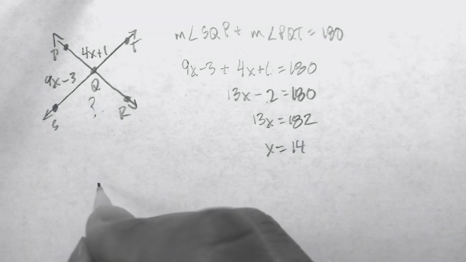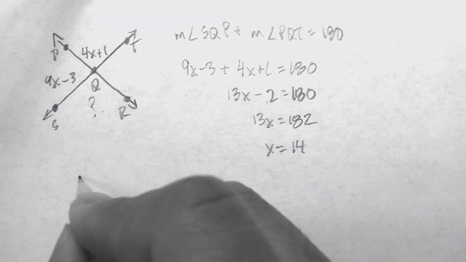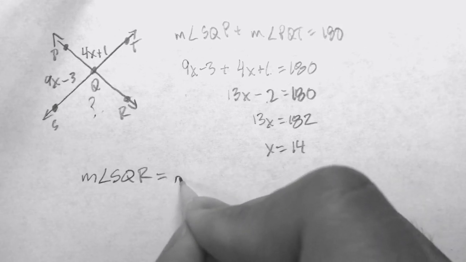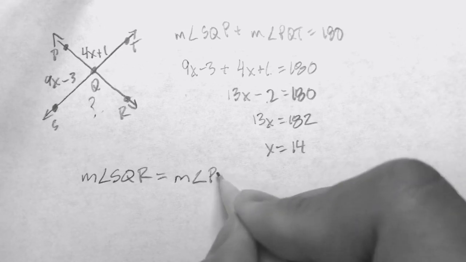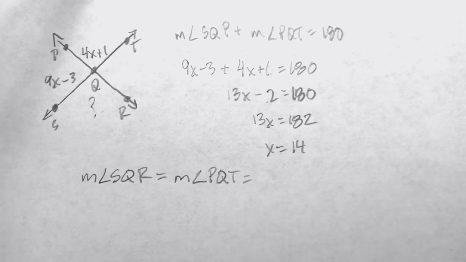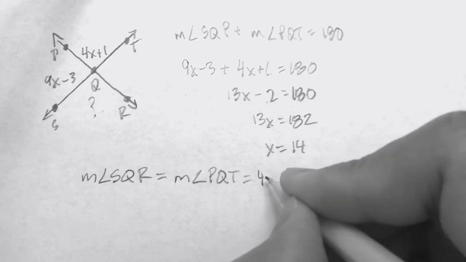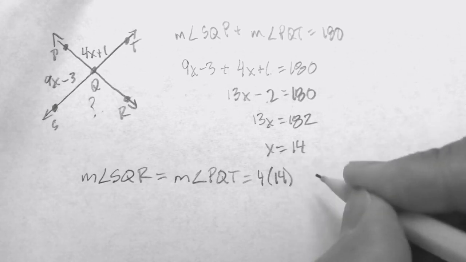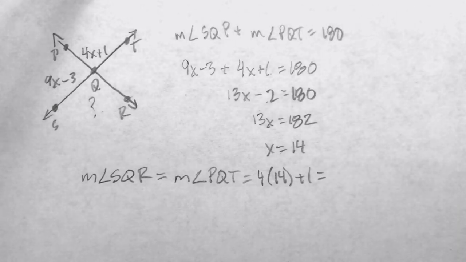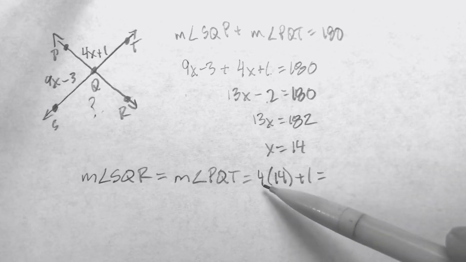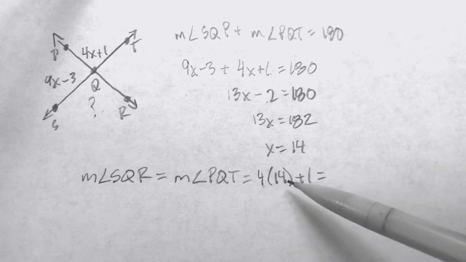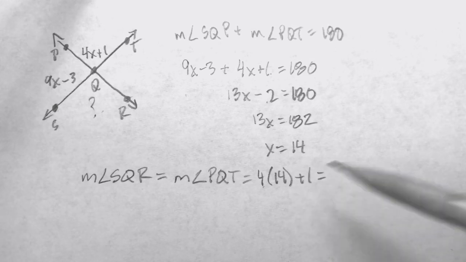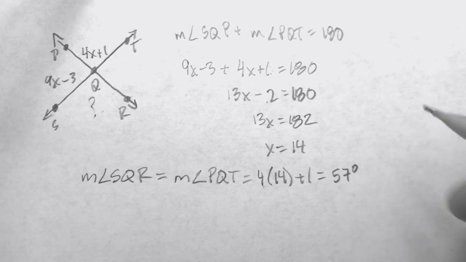So the measure of angle SQR is equal to the measure of angle PQT, which is equal to 4 times x, which is 14, plus 1. 14 times 4 gives us 56, plus 1 is 57.